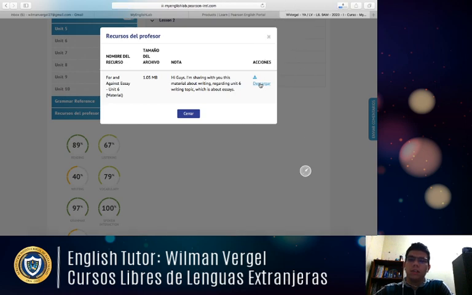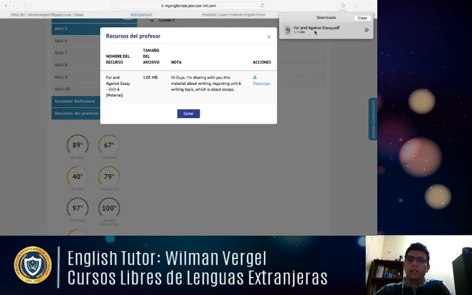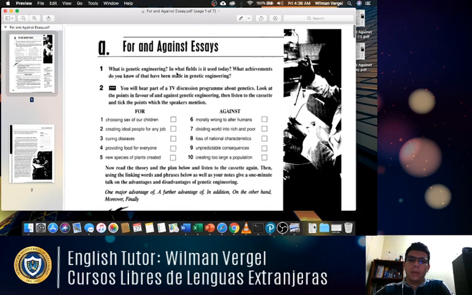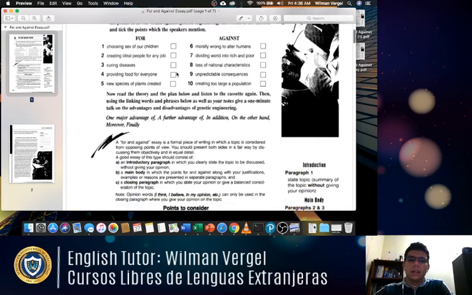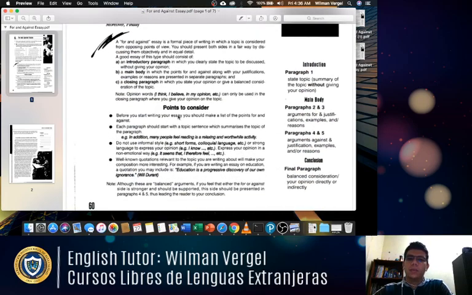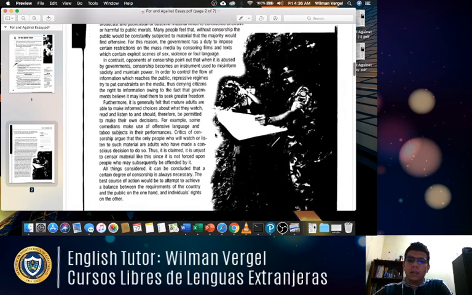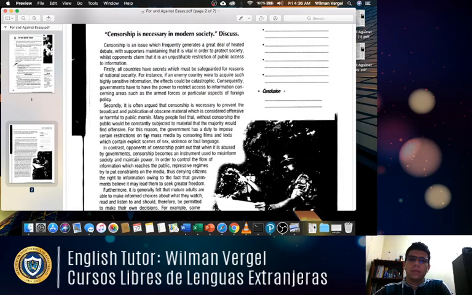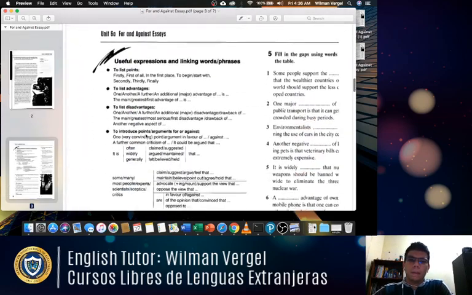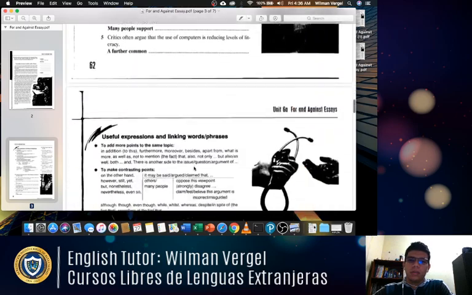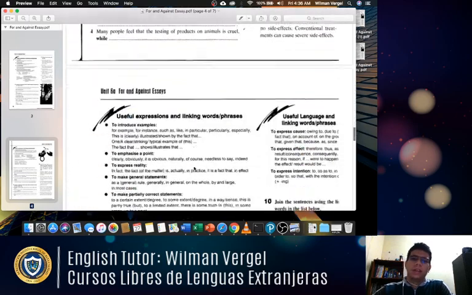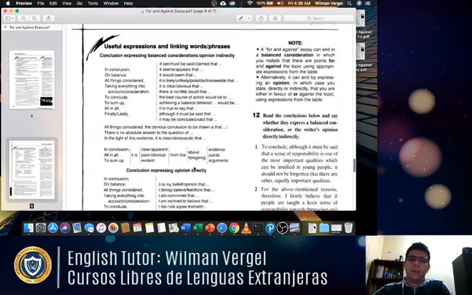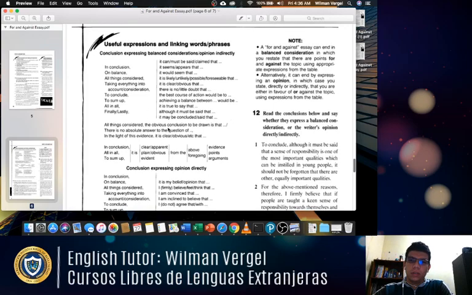to download it. As you can see, it's downloading, and then here you can open it, and it says for and against essay, and here is what we're talking about, points to consider, and you have an example here and some other recommendations here. So I want you to take a look at it and use what is useful for you.